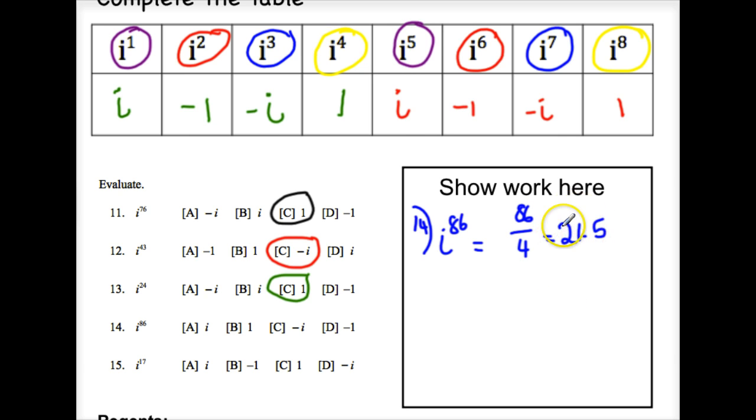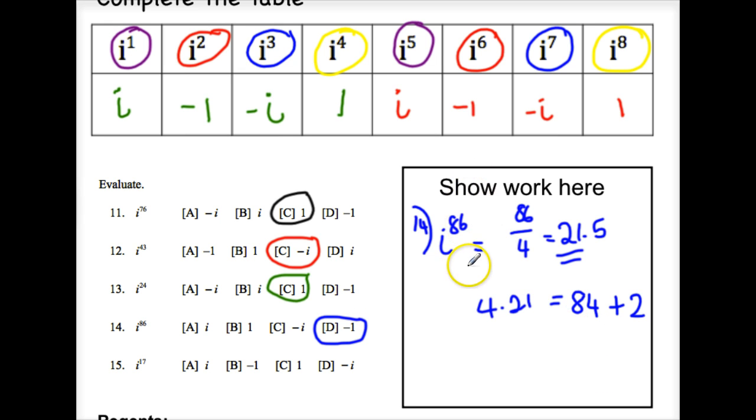So you know 21, that's going to be a multiple of 4. And you want to work with what's left over. So 4 times that whole number that always comes down. What's 21 times 4 is 84. That means you need to add 2. So, and you're adding 2, what's i squared? i squared is -1, which will be choice D.